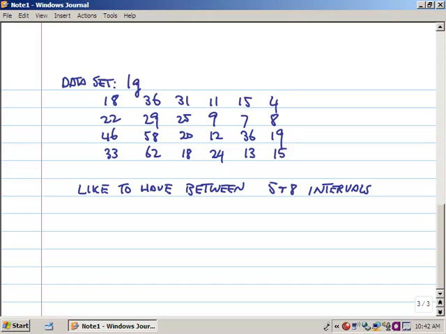In this case, it's maybe a useful exercise to talk about the range of the data. You go from the highest to the lowest. The largest data point is 62, the lowest is 4. So the range is 58.